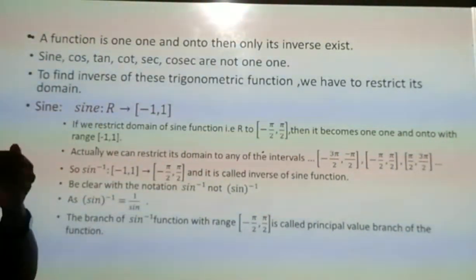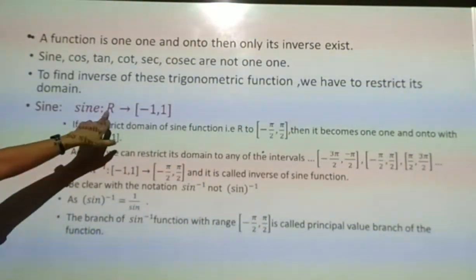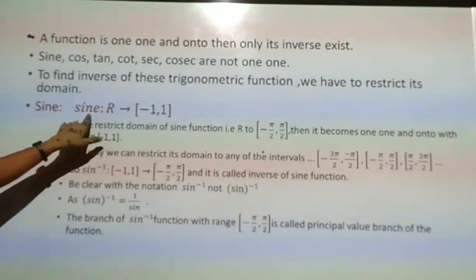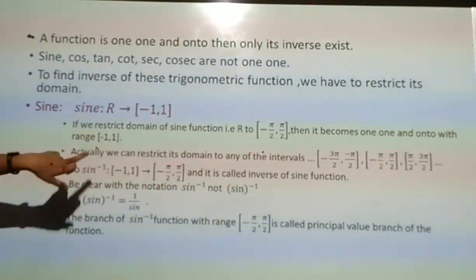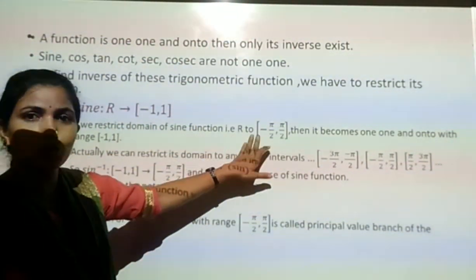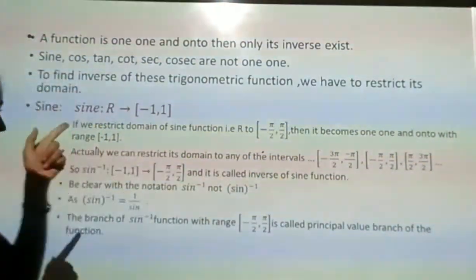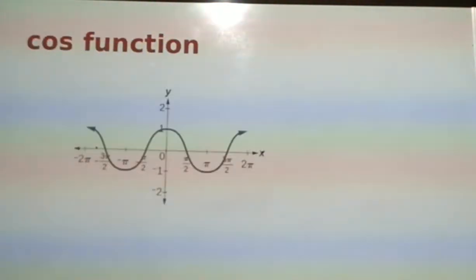That means we will restrict and redefine the domain a little. For the sine function, R to the closed interval [-1, 1]. If we restrict the domain to the closed interval minus pi by 2 to pi by 2, let us see what happens. Let me look again at the graph of the sine function.